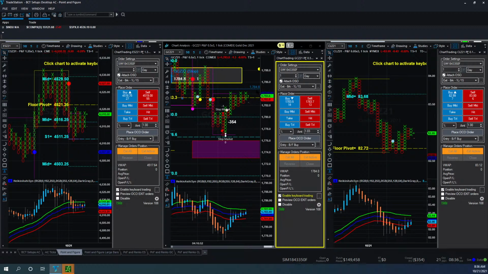Let's see if we get a break here in this double top in crude. Seems that it wants to go higher.